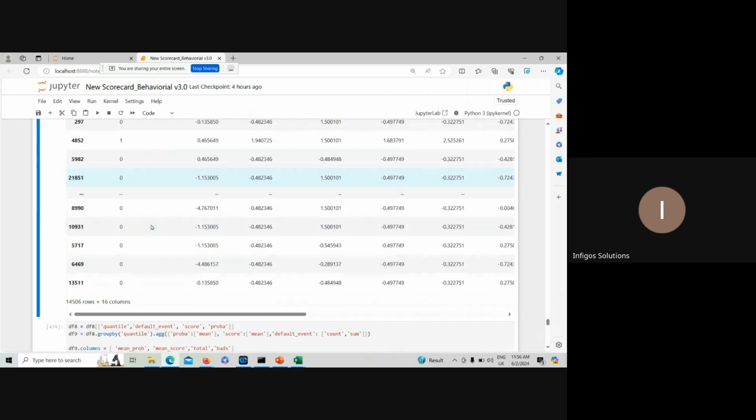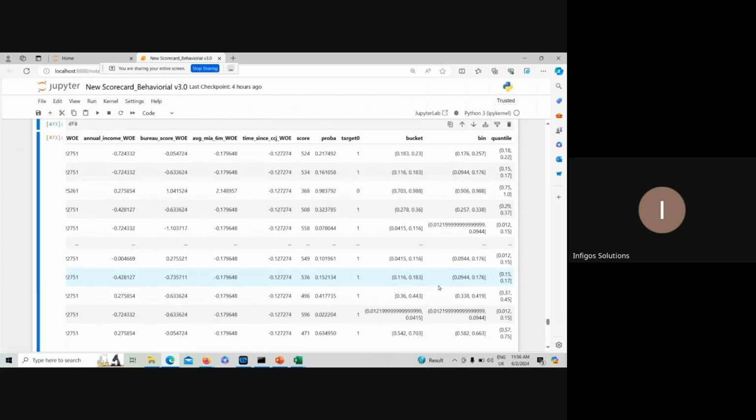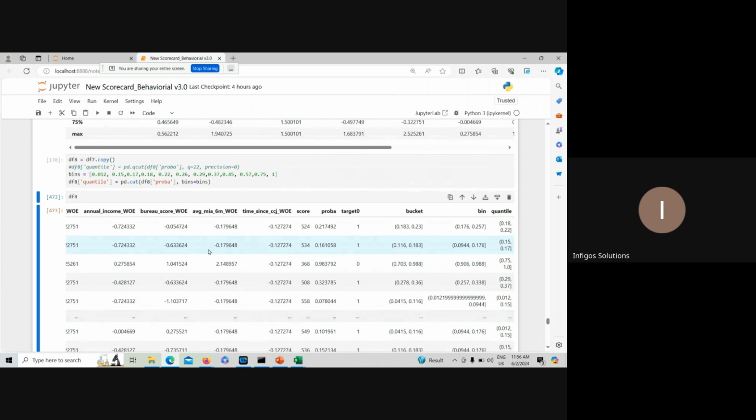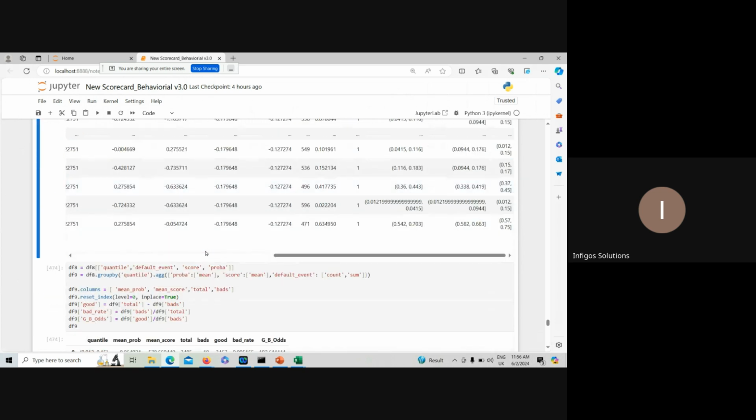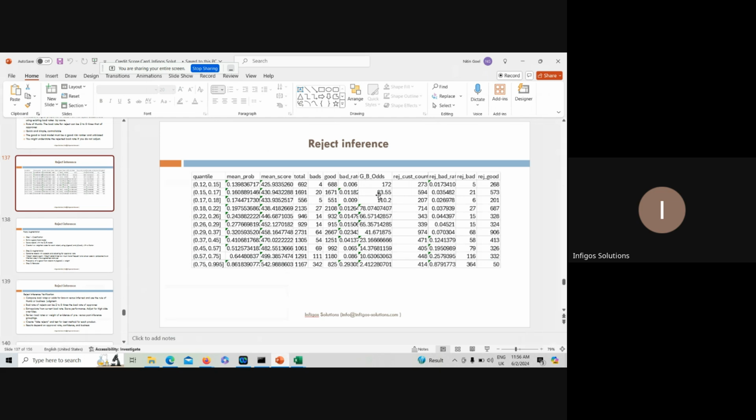After we divide this into quantiles, it will look like this. These are bins. This is quantile. And we will do some more analysis to get into this format.